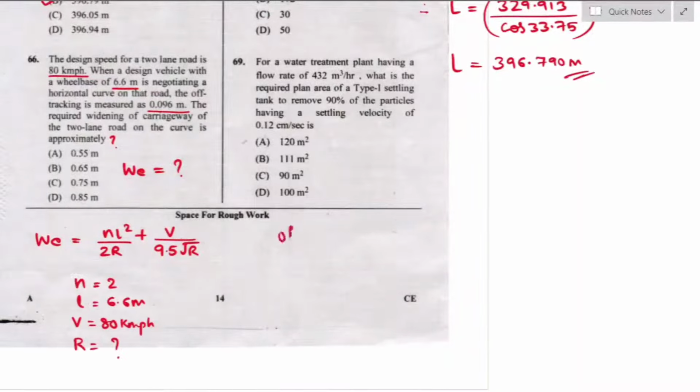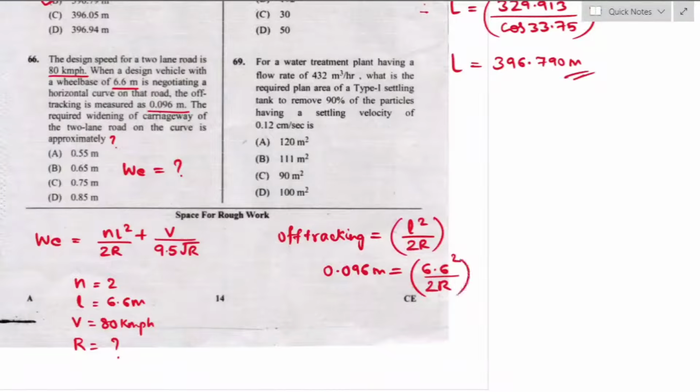So from the off-tracking relationship, we have to determine the radius of horizontal curve, which is given by the formula L² divided by 2R. Off-tracking is a phenomenon of a rear wheel not following the front wheel while negotiating the curve. So off-tracking is given as 0.096 meter. L is the length of the wheelbase, that is 6.6 meter. So 6.6², 2 times R. So 2R is equal to 6.6² divided by 0.096.